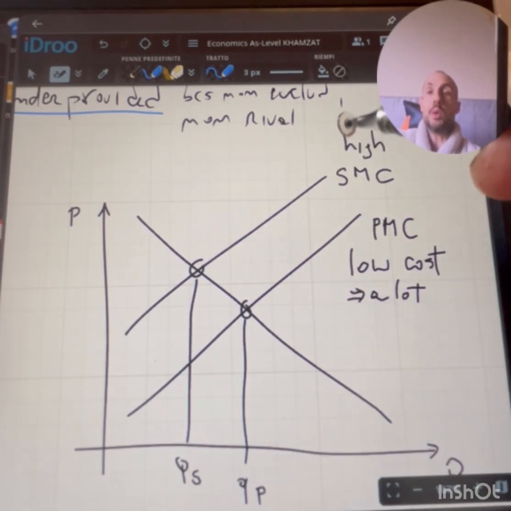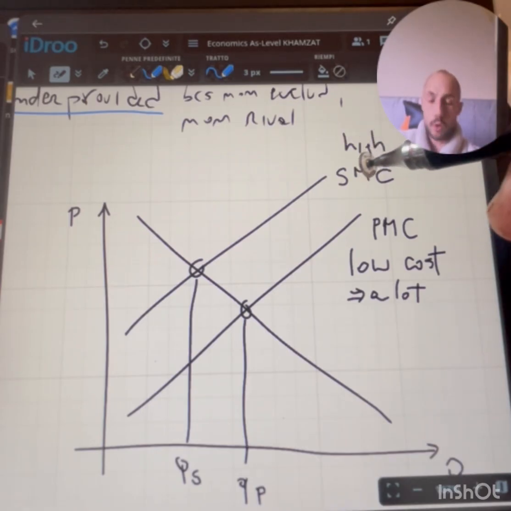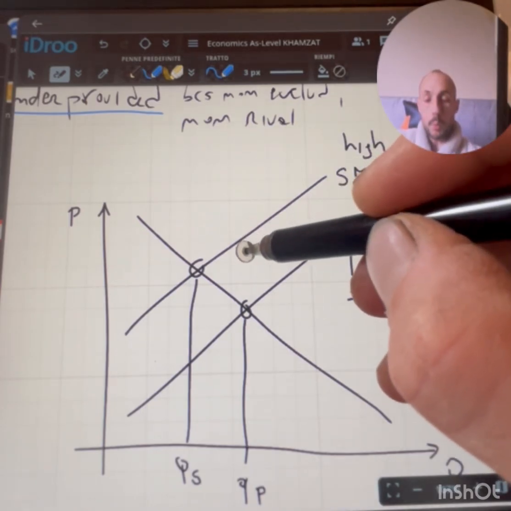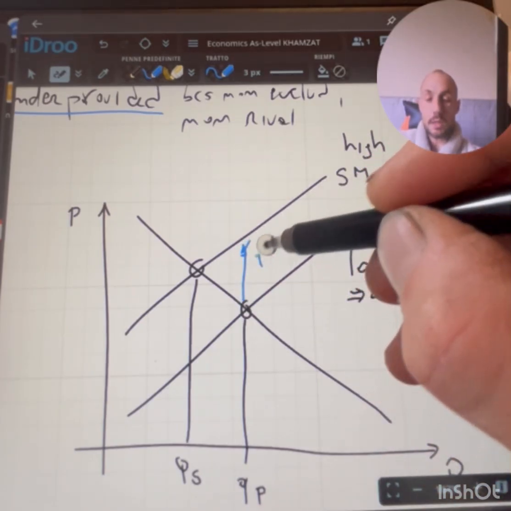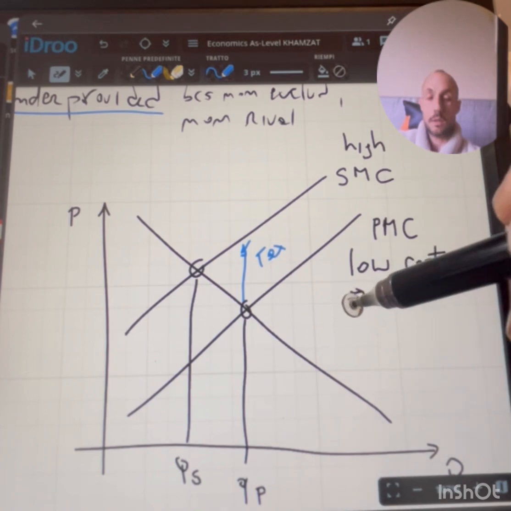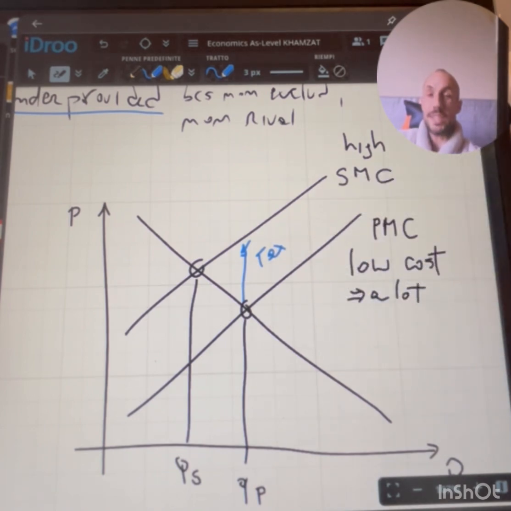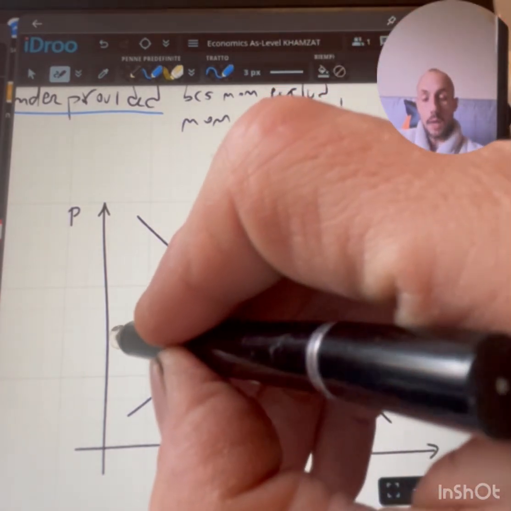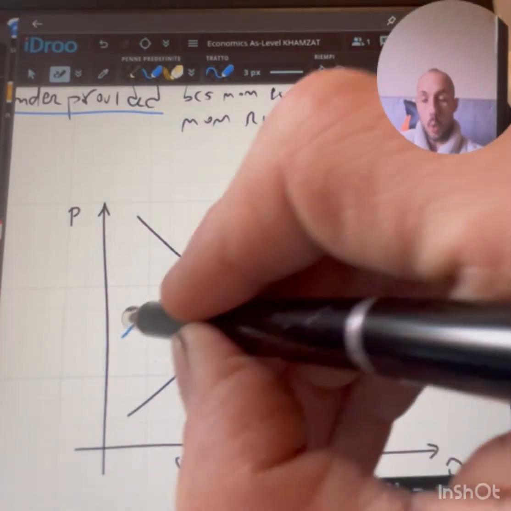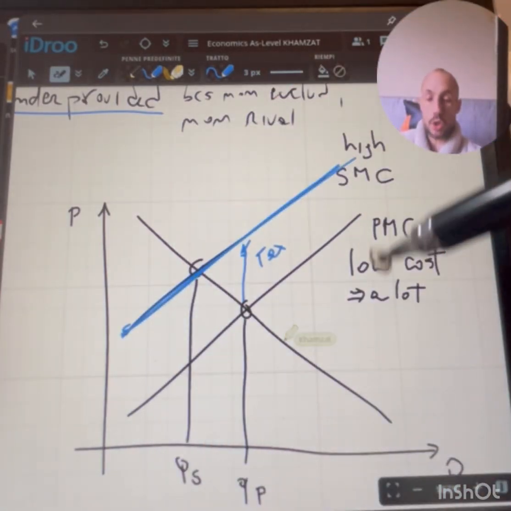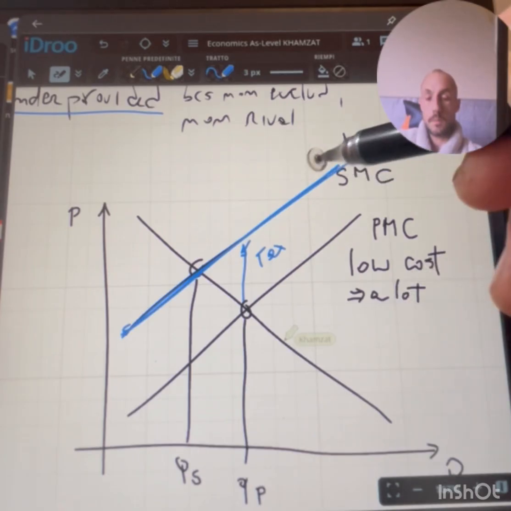I am going to show you this one time, and it is going to be the same for all the others, okay? So we put a tax here that increases the costs. So the tax shifts up the supply curve because it increases the costs. If this is the new supply curve, what is the demand going to do?